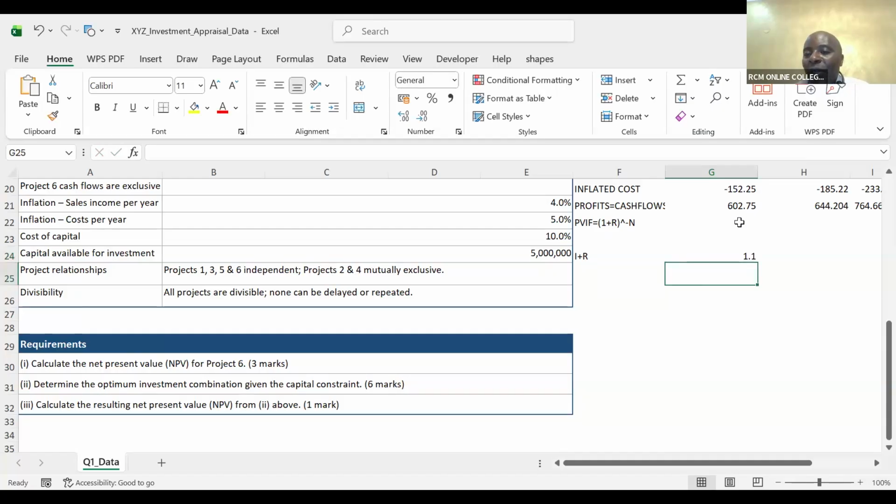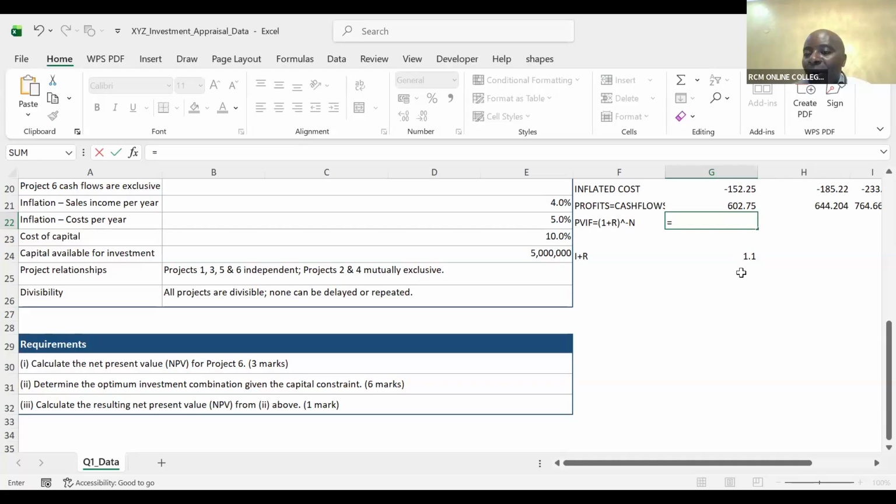And then come now here. I say equals, I pick this 1.1 that I've done separately. That 1.1 is going to remain constant throughout. Anything that is constant, respect it by raising it, so in this case, function F4 like that.